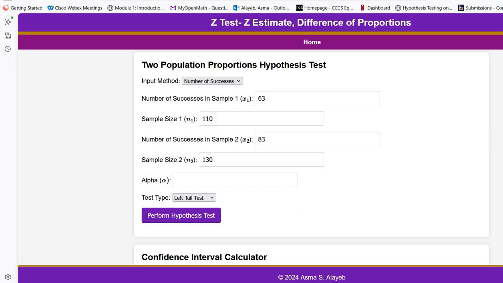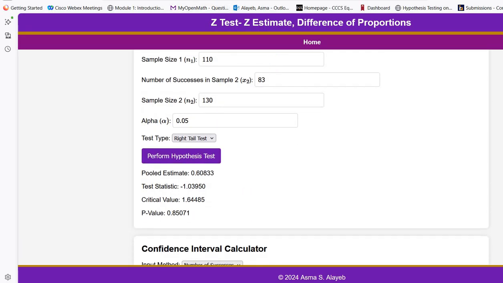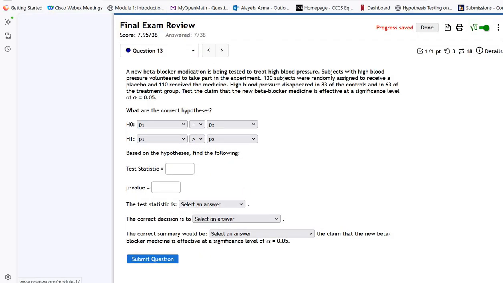And we need to test at a significance level of 5%, so 0.05, and it is a right tail test.